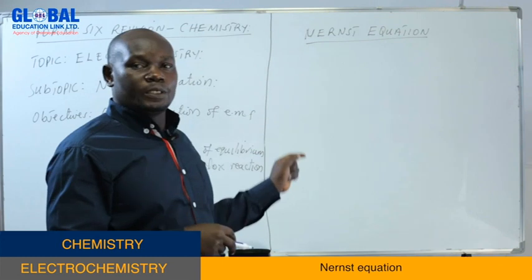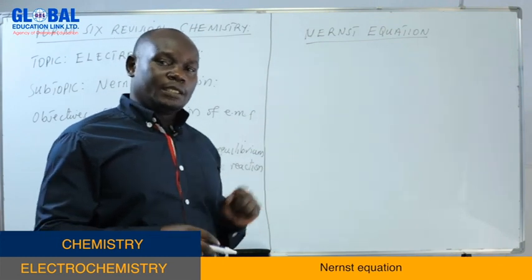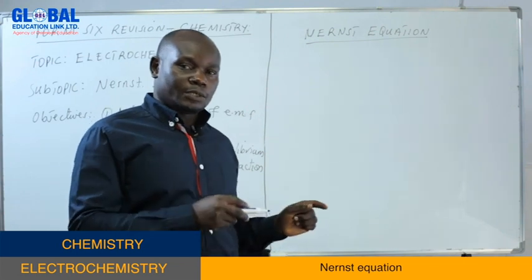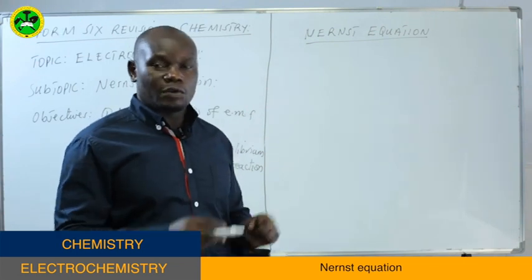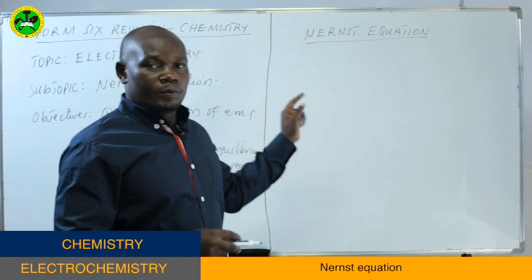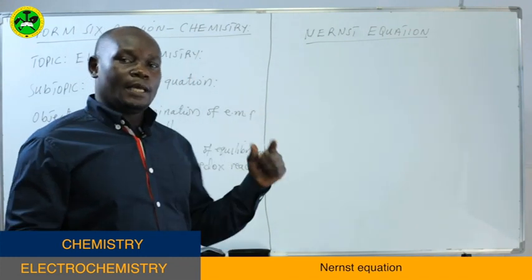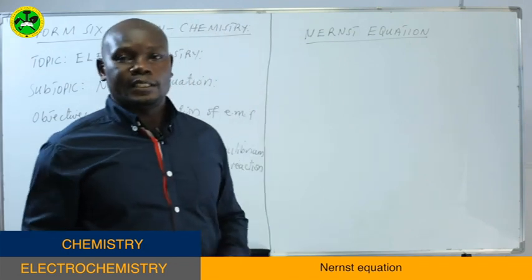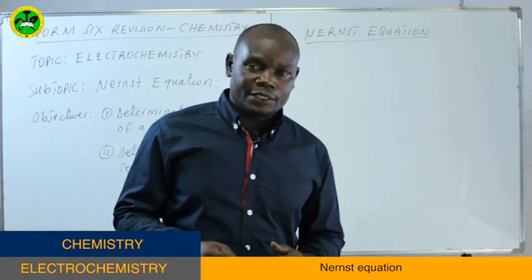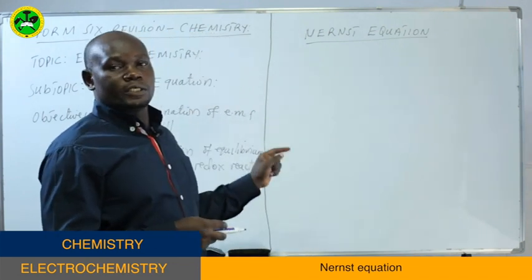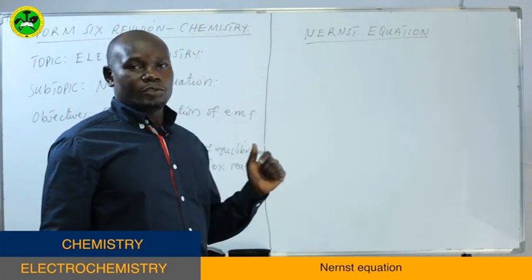If the electrolyte contains a solution with a concentration of 1 molar, we employ another equation, but not the Nernst equation. So the Nernst equation is specifically for determining the EMF of a cell for a solution whose concentration is not equal to 1 molar solution.